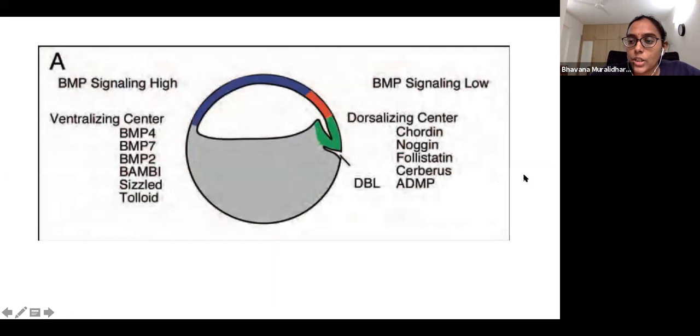So one such, I talked to you about the BMP. So the very first step in this process, the very first question to ask is what determines the anterior to the posterior end?